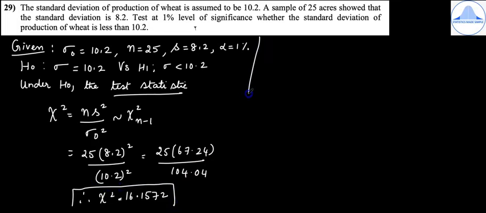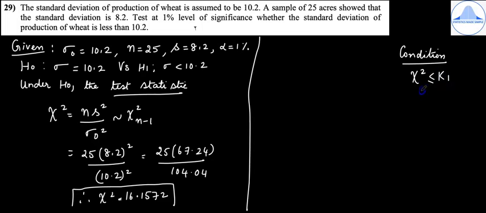Next, we move on to write the conclusion. The condition for a left-tailed test based on the chi-square test is you have to check whether chi-square is less than or equal to k1, then we reject H naught. So this is the condition which we are going to use. Let us now write the degrees of freedom.